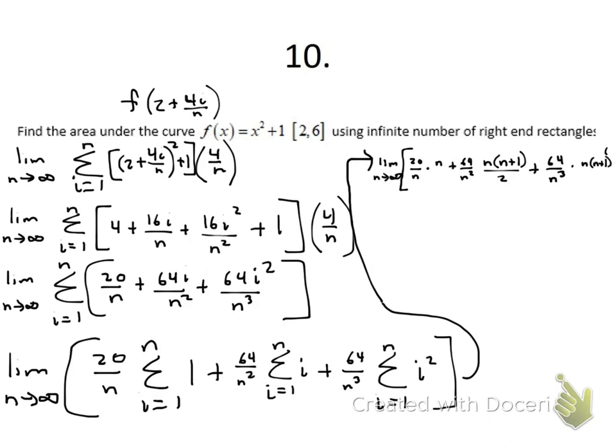Oh, I ran out of room. I got to write even smaller. It's 2n plus 1? Yeah. All over 6, right? It's i squared, guys, because look, it's constant i squared.